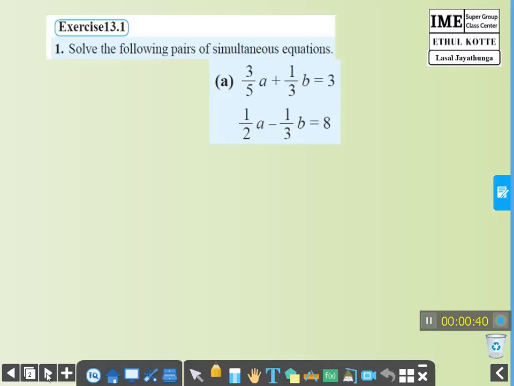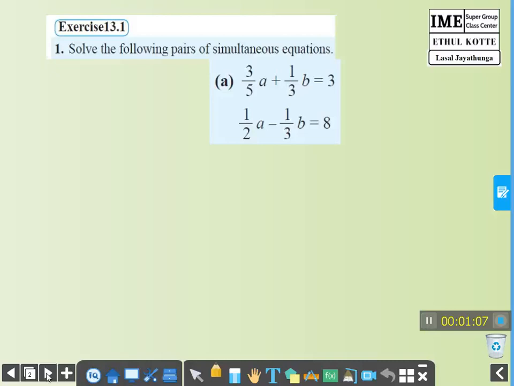Right, now look at the first one, exercise 13.1, question number 1a. 3 upon 5a plus 1 upon 3b equals 3. 1 upon 2a minus 1 upon 3b equals 8. Now analyze the two equations given, especially the unknown terms or the algebraic letters a and b.